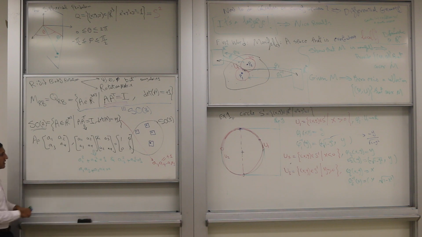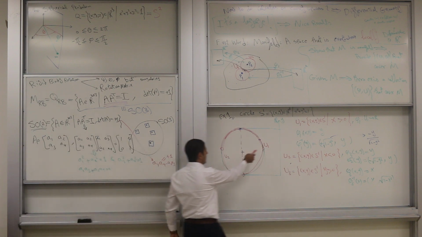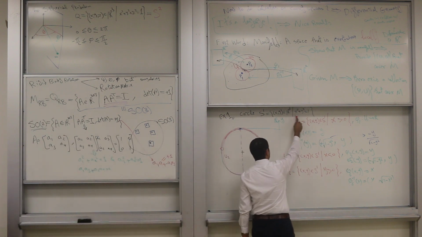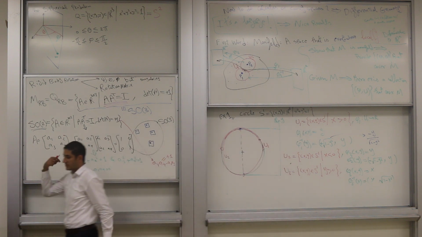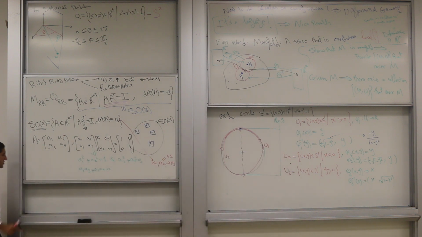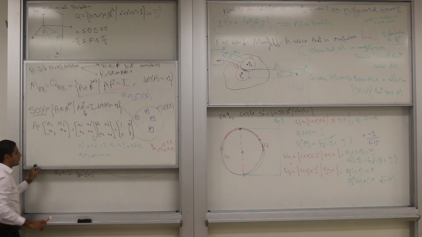It's like in the plane, where everything is characterized by x and y, but we have a condition, x squared plus y squared is 1. So 2 free parameters subject to 1 constraint gives you 1 degree of freedom. SO2 is a one-dimensional manifold. Let's see how to prove that it's a manifold.